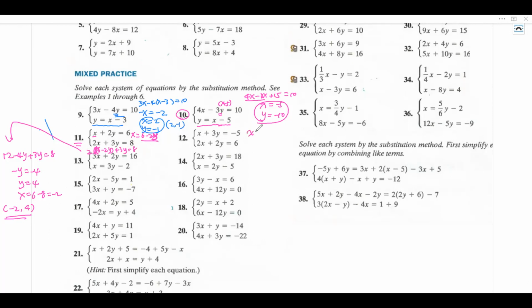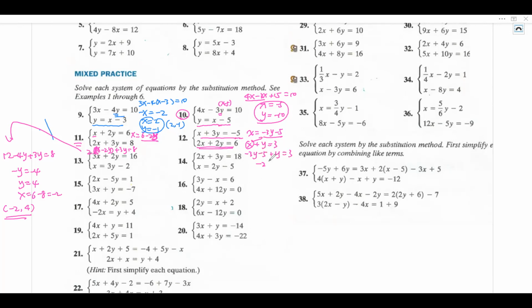We do a proper transform for this one first. Here it becomes x equal negative 3y minus 5, right? All right, substitute here. Before you substitute, we can simplify this one first. Divide both sides by 2. So you get x plus y equal 3, right? So replace x with negative 3y minus 5: negative 3y minus 5 plus y equal 3.